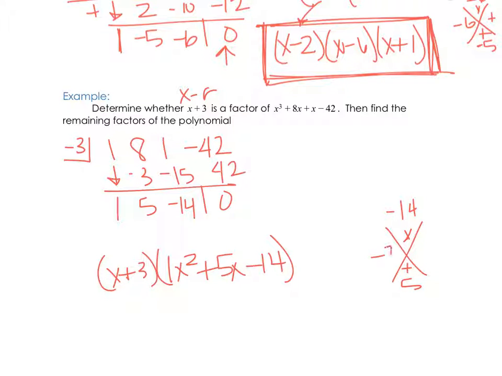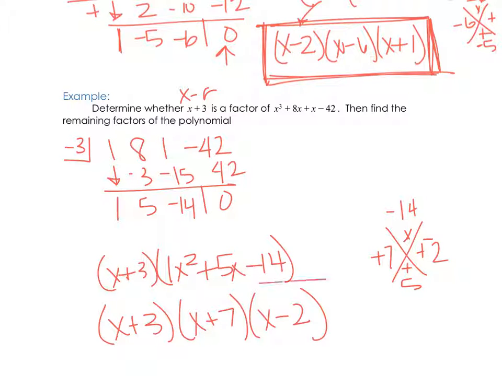Positive 7 and negative 2 would multiply to negative 14 and add to positive 5. So we're going to write our factors, and there are your factors.